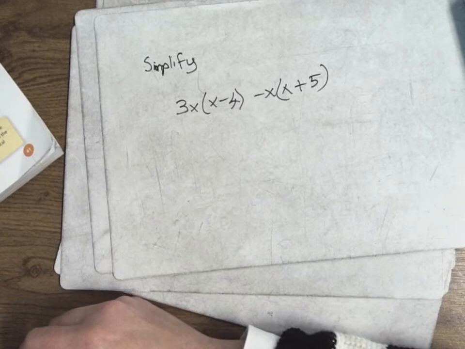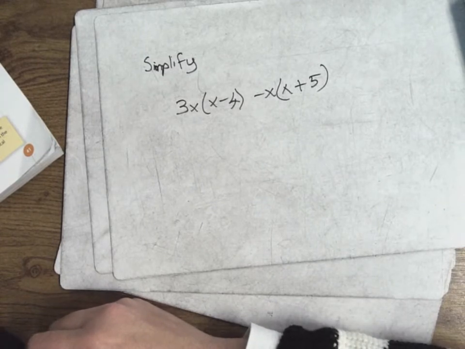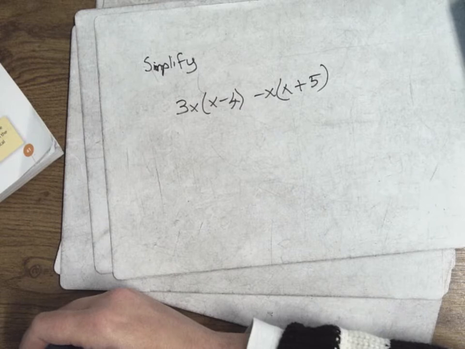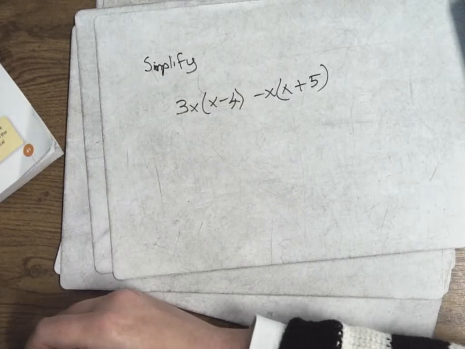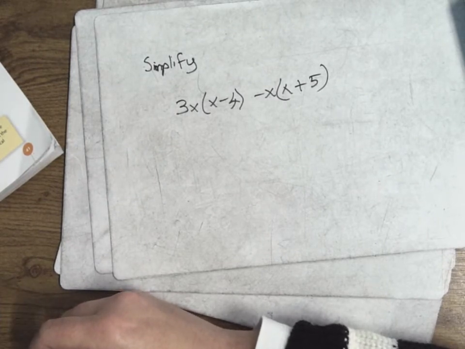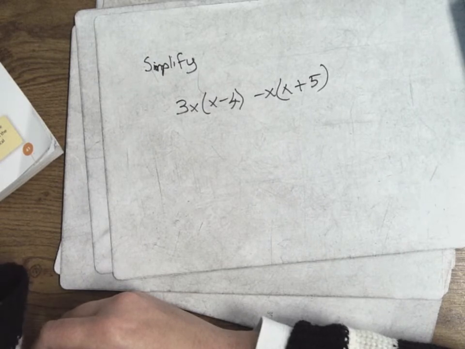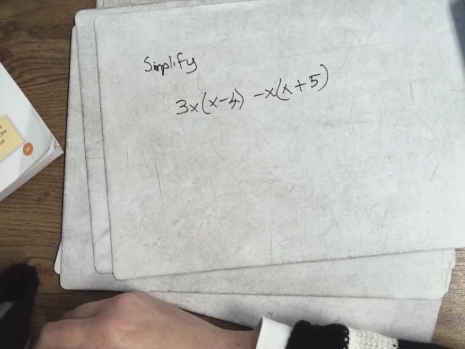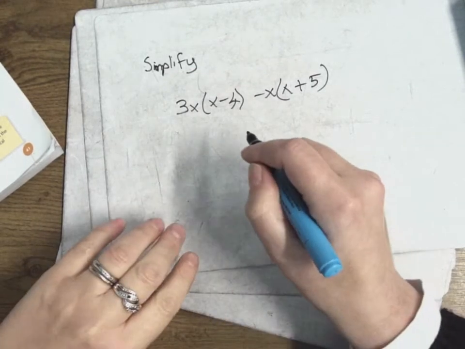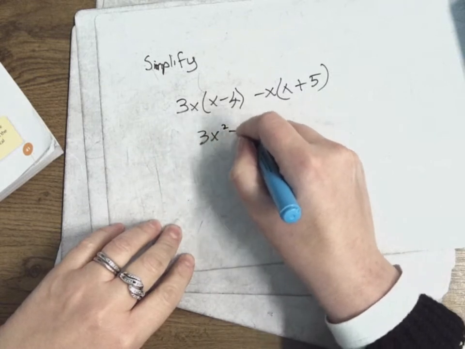What's plus by a minus again? A plus by a minus is a minus. So I'll just do it: 3x squared minus 12x.